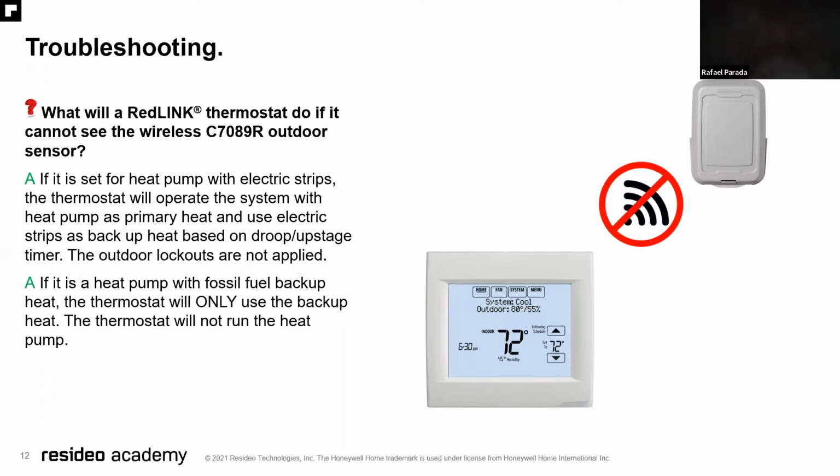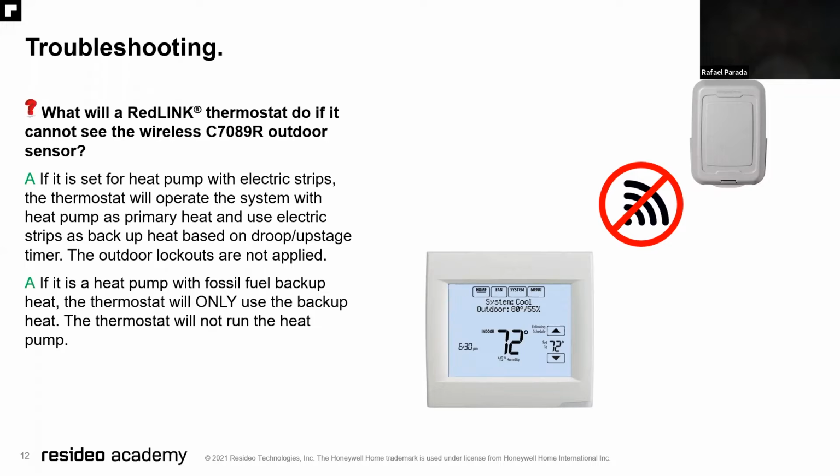It will run the heat pump as the primary heat, and it will use electric strips as backup heat. What is going to happen is that we are not going to have the outdoor lockout, so we need to take that into consideration. And it will follow the drop off stage configurations that we have in the ISUs, the installer setup options. So that is what happens whenever we have a heat pump with electric backup heat.